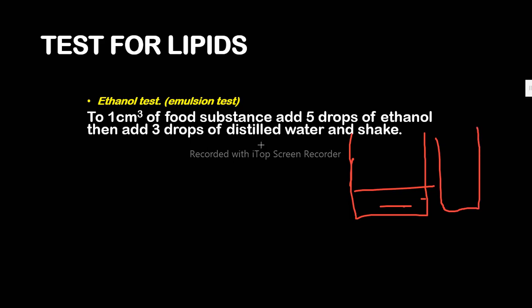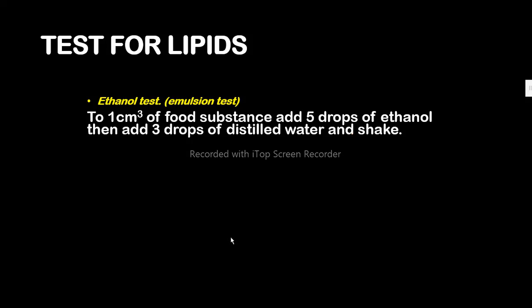Maybe I'll get some pictures and show you that creamy emulsion. So if you produce that creamy emulsion, then you know that your food contains what? Lipids. But if the creamy emulsion is not produced, then the lipids are absent.